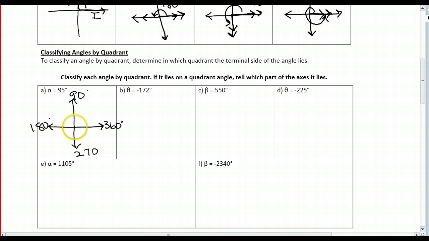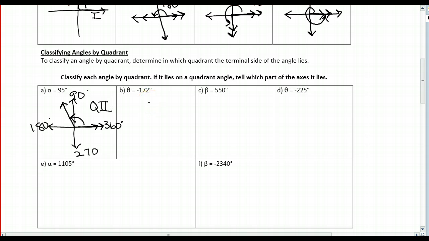So in order to draw this angle and identify which quadrant it falls in, we're going to draw its initial side and terminal side slightly after 90 degrees. It's a positive angle, so we show it with a positive arrow. And we identify that 95 degrees lies in quadrant 2.